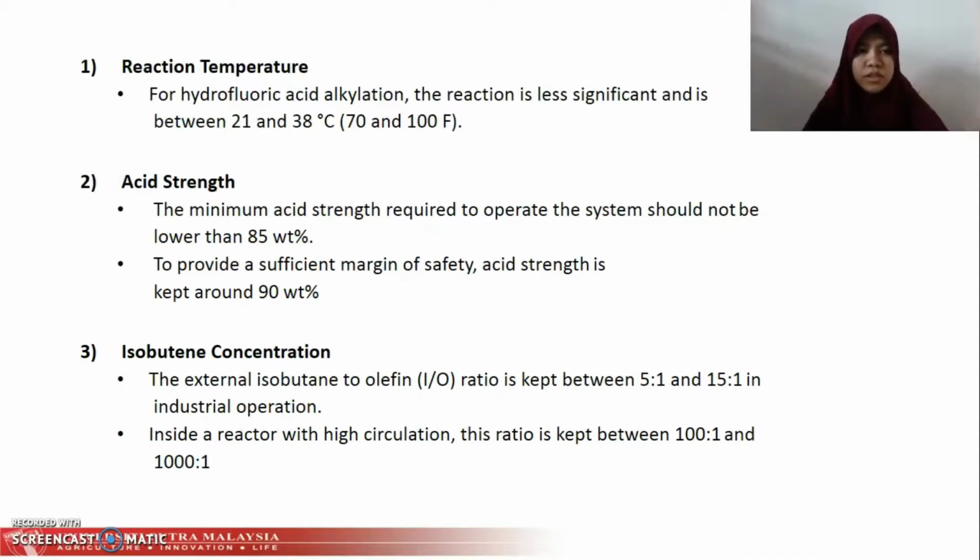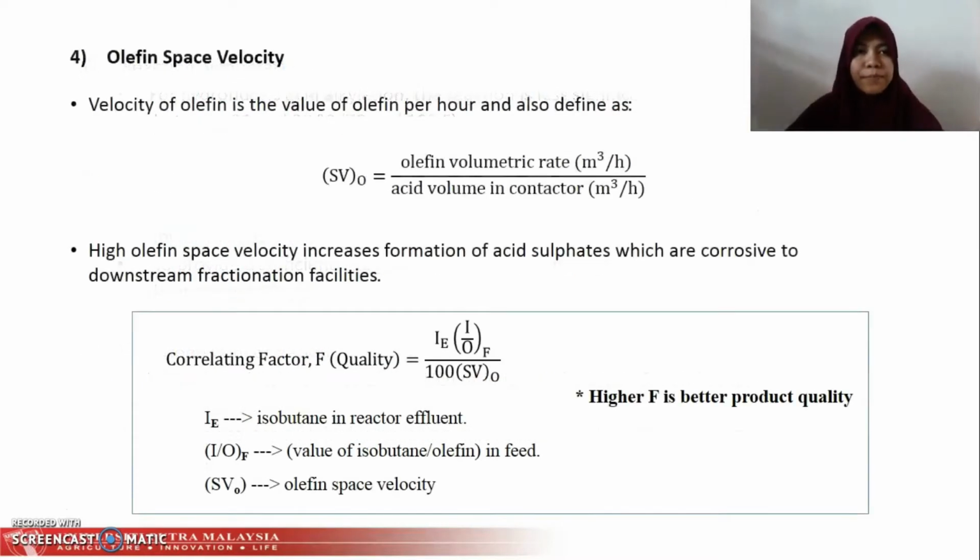For isobutane concentration, the external isobutane to olefin ratio is kept between 5 to 1 and 15 to 1 in industrial operation, while inside a reactor with high circulation, this ratio is kept between 100 to 1 and 1000 to 1. Lastly, for olefin space velocity, it is the volume of olefins per hour and is defined by the equation given.